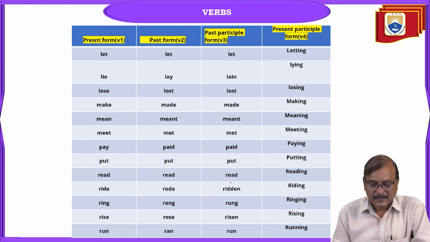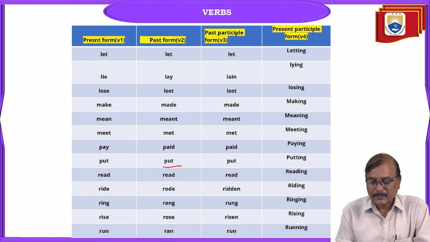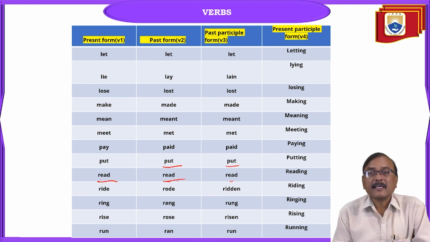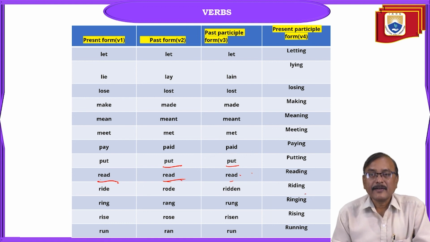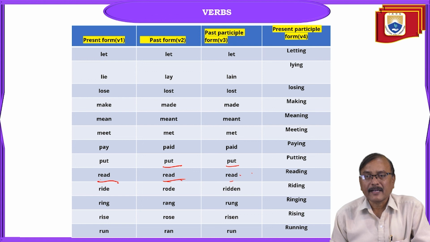Next, another one here also. Put only. Next, read, read. You see here spelling is same, but here we read it as red. Here also read. Here it is red. Next, ride, rode, ridden. Ring, rang. Right? Run, ran.